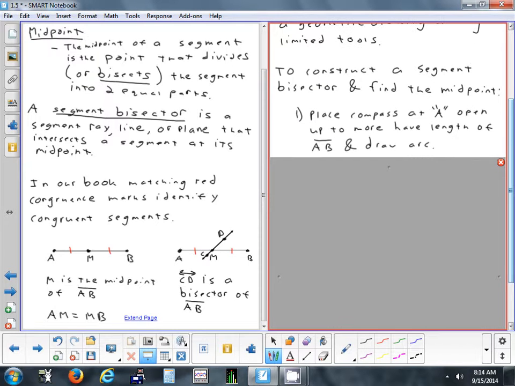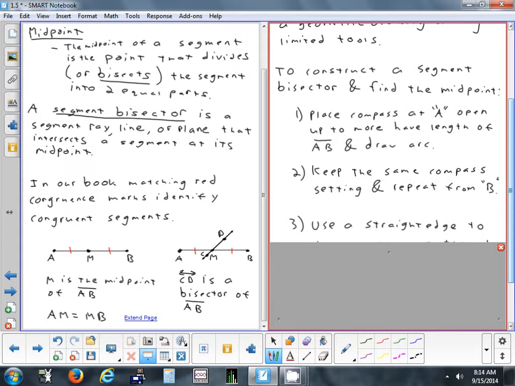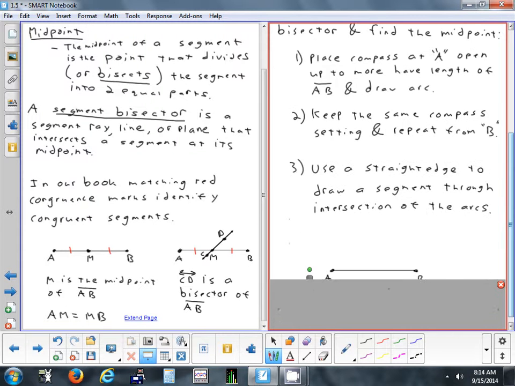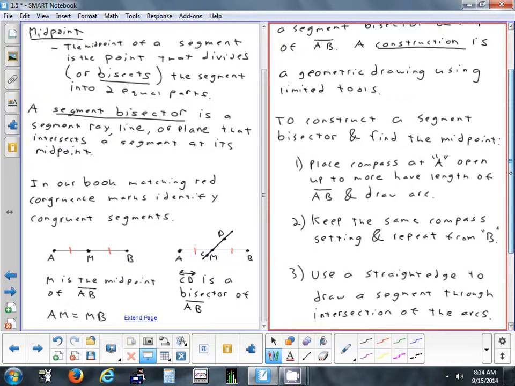So to construct a segment bisector, first thing you want to do is place the compass at point A. Let me show you the diagram so you can get an idea of what this is going to look like. There's my segment I'm going to bisect, segment AB. First thing we're going to do is place the compass at point A, and the compass opens up.